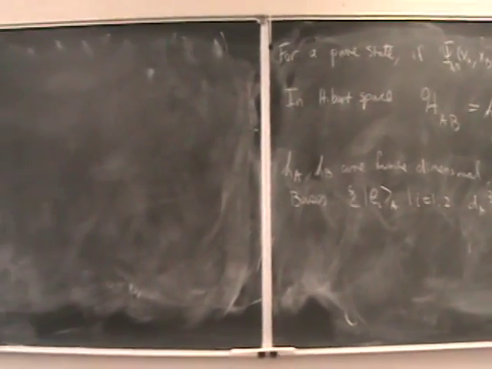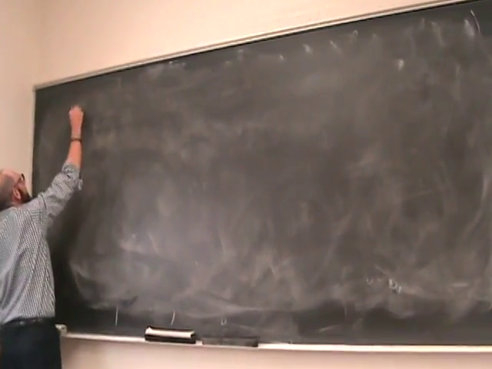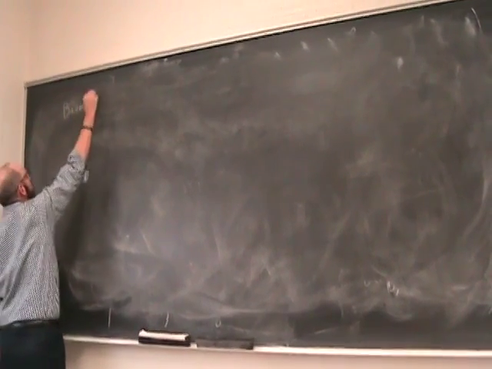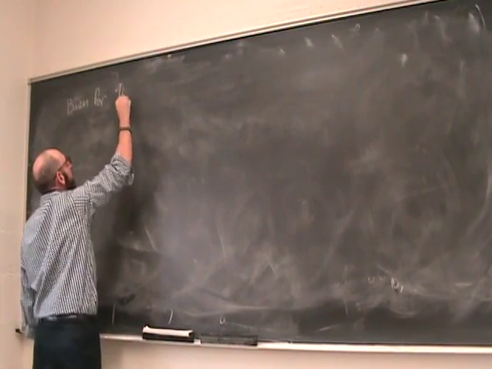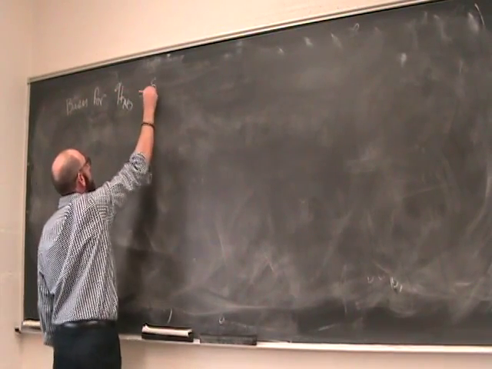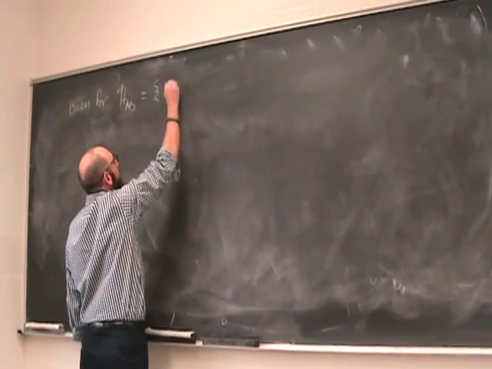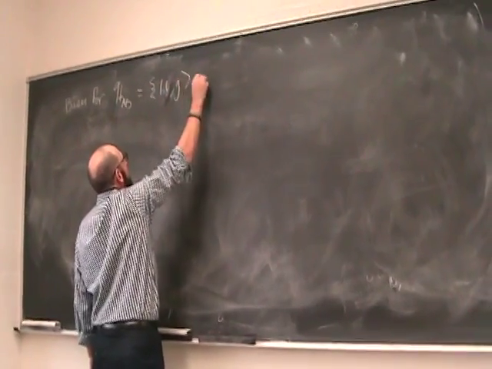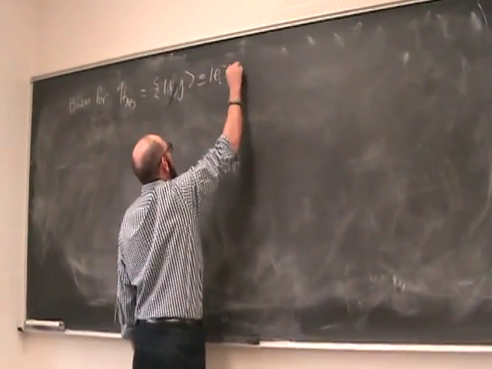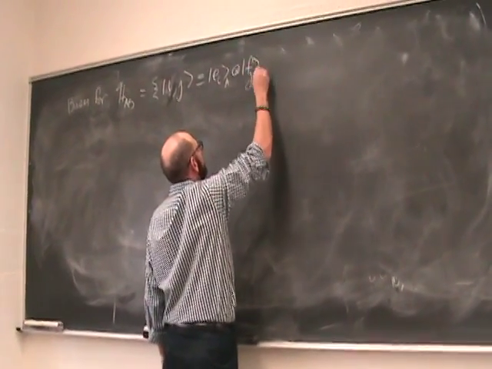Then a basis for the joint Hilbert space, the tensor product space, I could just take, I'll call it ij, ei tensor fj.